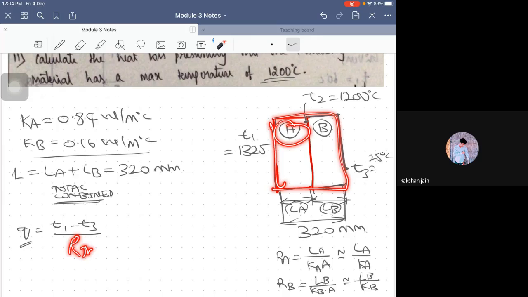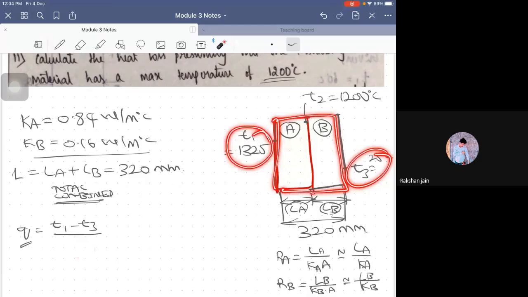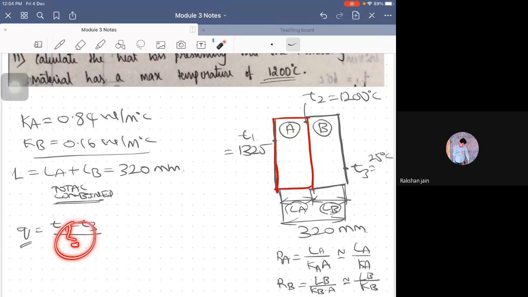When I consider the whole block with temperature difference T1 and T3, should I consider RA or RB? What should I do? What should I consider here?